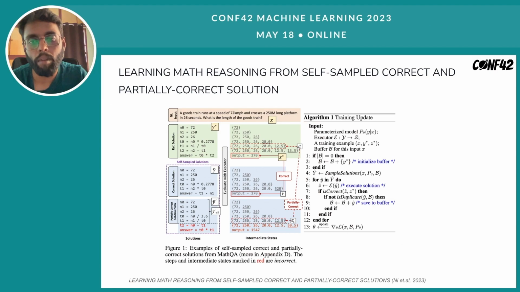Whenever there is a match between the individual steps in the gold and the generated one, they consider that a partially correct solution, and then they use that to further fine tune the model.